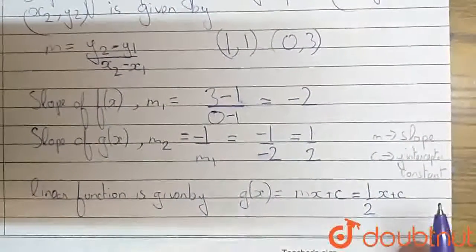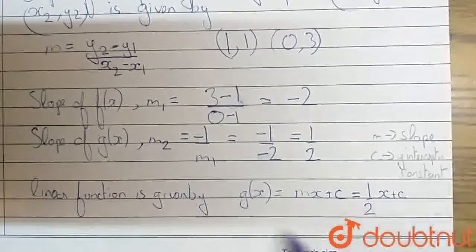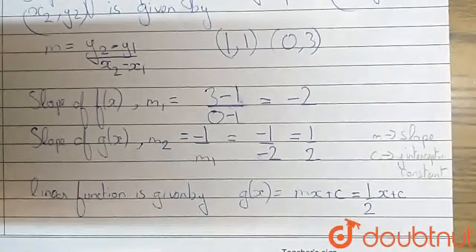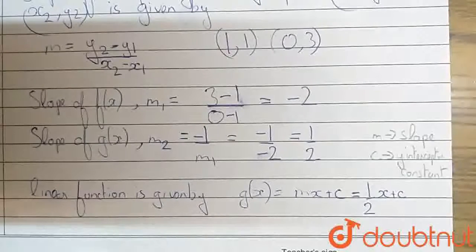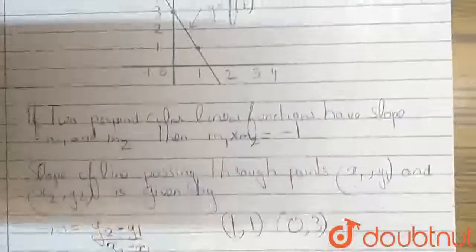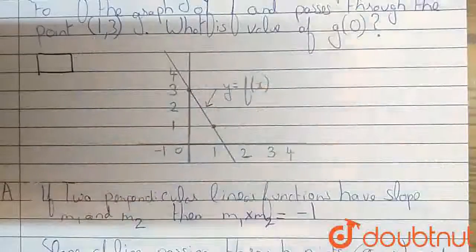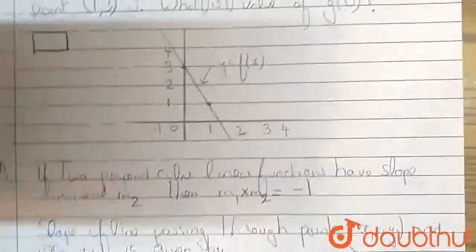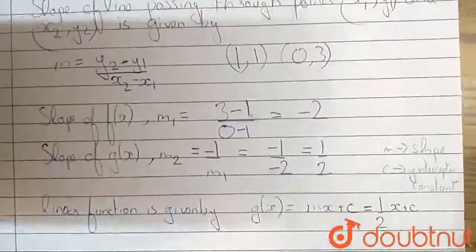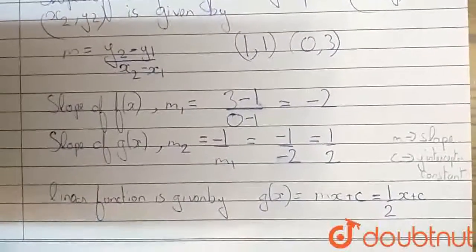So now we have g(x) equal to half x plus c, and we know (1, 3) lies on this line. So if we take 3 as the value of g(x) and 1 as the value of x and substitute it into this equation, we can find the constant term.